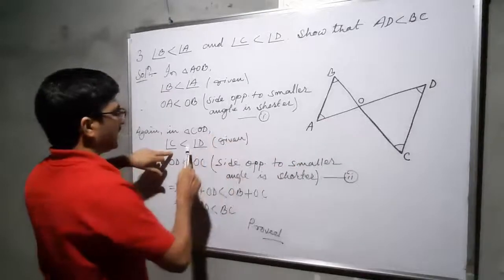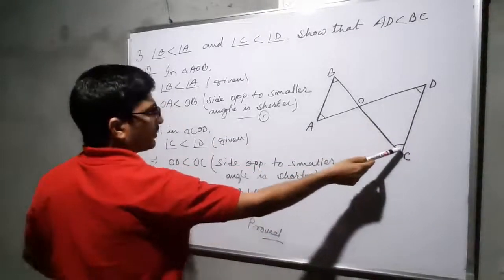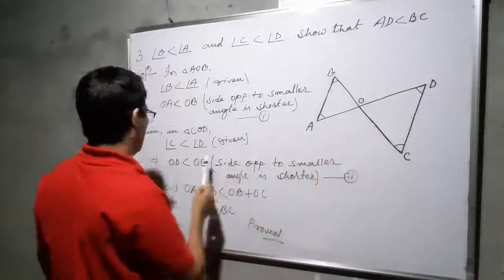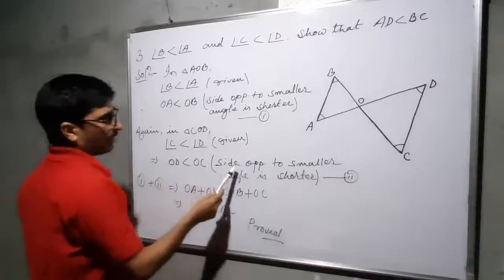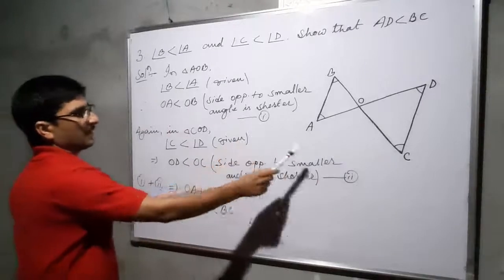Since angle C is less than angle D, angle C's opposite side OD is less than angle D's opposite side OC. So OD is less than OC. Now this was 1 and this is 2.